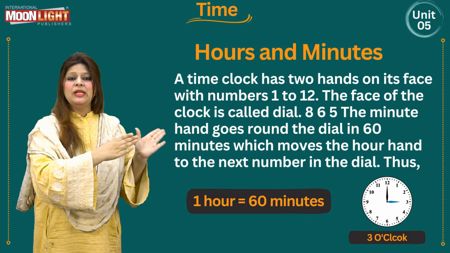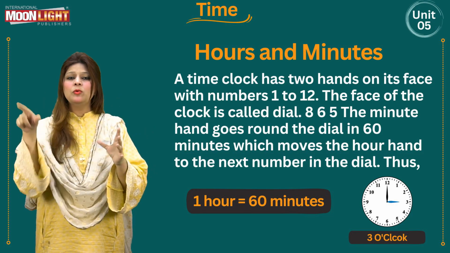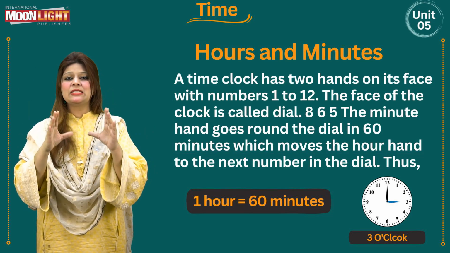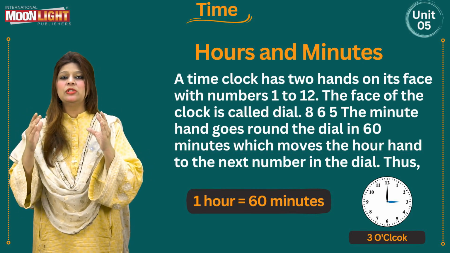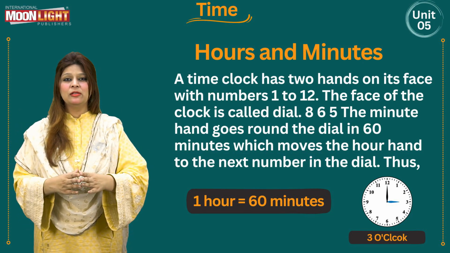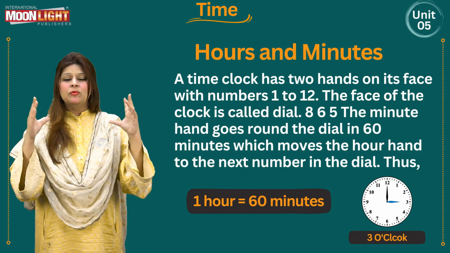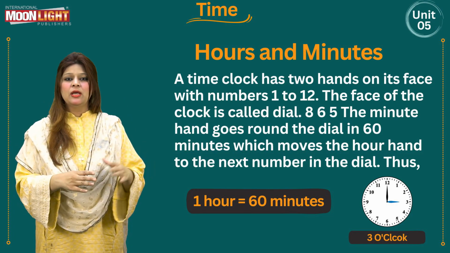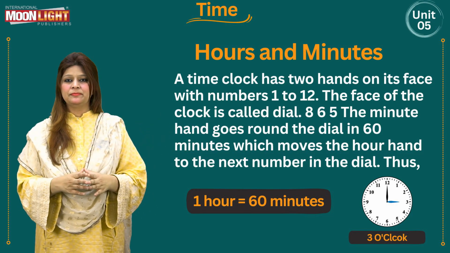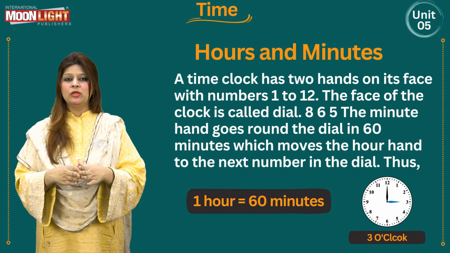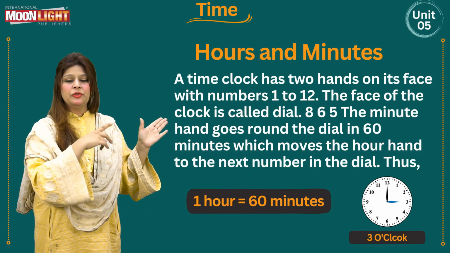The minute hand goes round and round in 60 minutes, which moves the hour hand to the next number in the dial. Clear? So we can say that 1 hour is equal to 60 minutes. Here you can check on the clock, the time is 3 o'clock.